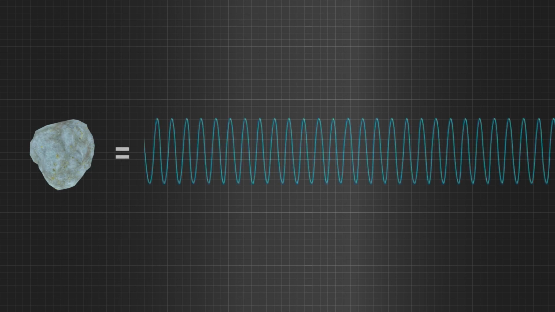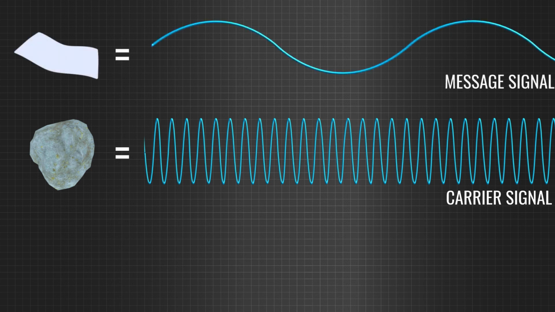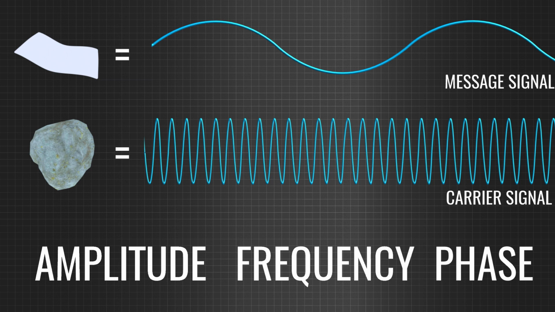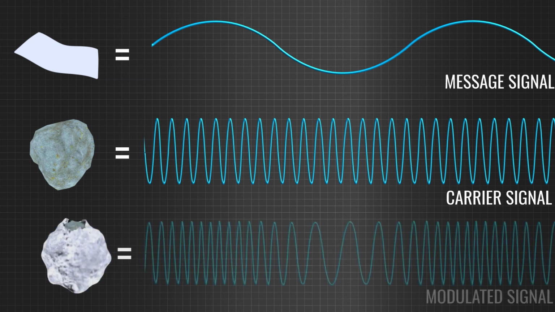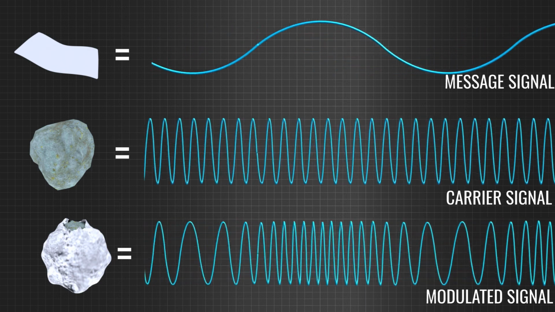In place of a stone, modulation uses a high-frequency signal known as a carrier signal. As we know, any signal has three basic properties: amplitude, frequency, and phase. In the modulation process, one of the properties of the carrier signal is varied in accordance with the message signal. For example, the frequency of the carrier signal is varied according to the amplitude of the message signal.